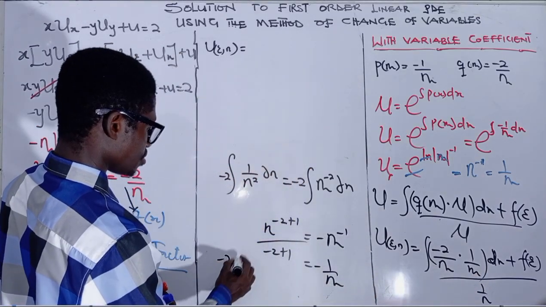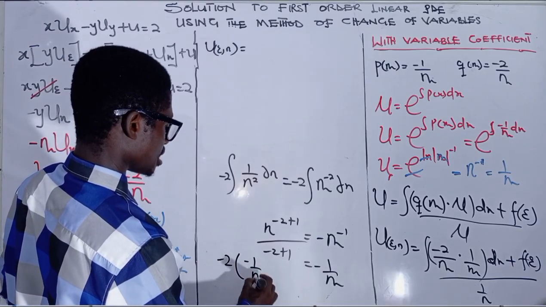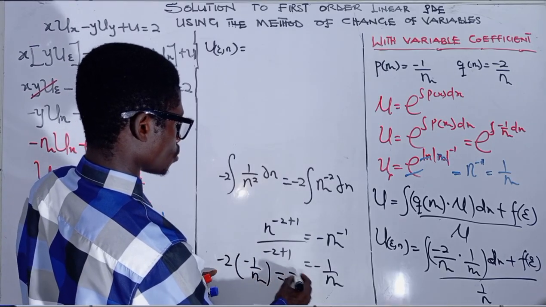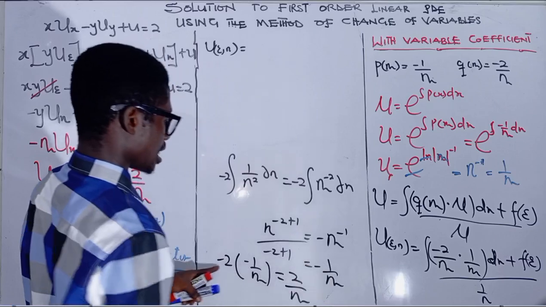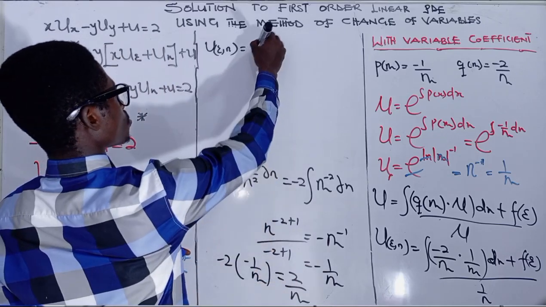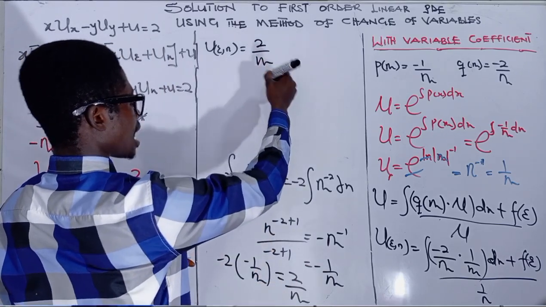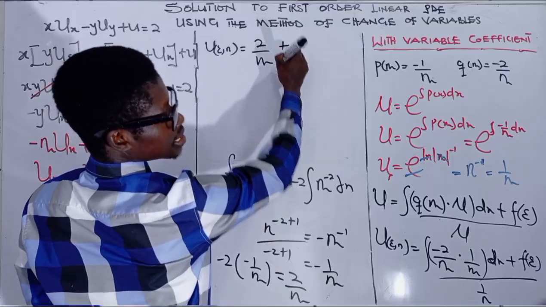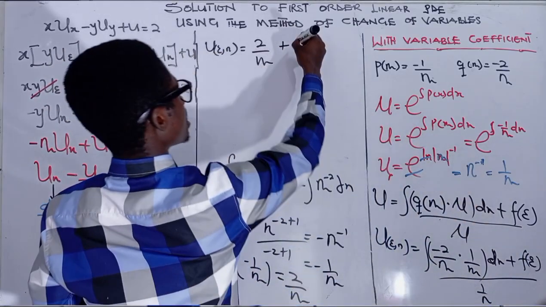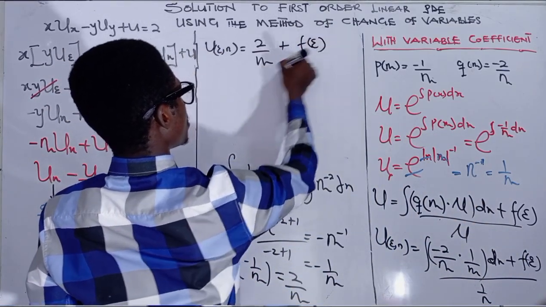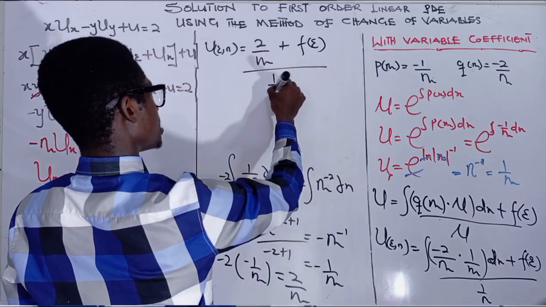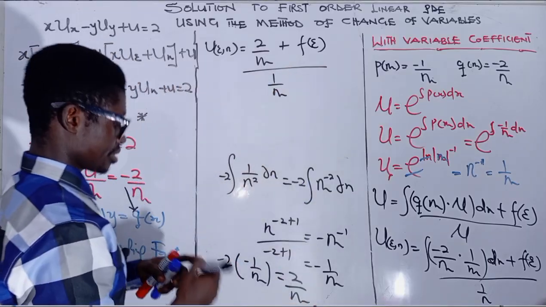So we have negative 2 and then we have negative 1 over eta. This is going to give us 2 all over eta, plus a function of xi all over the integrating factor 1 over eta.